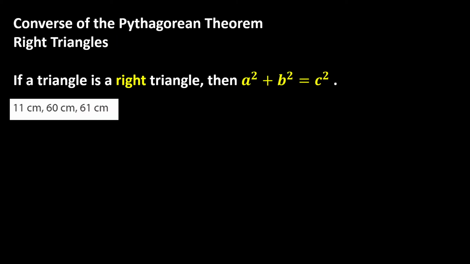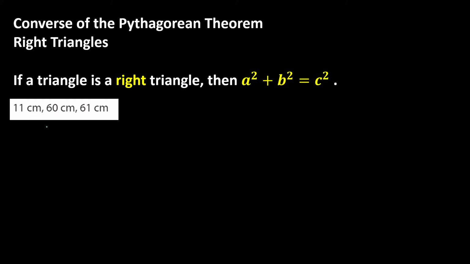So just to review from our last video, we are going to make sure we understand when a triangle is a right triangle. If it's a right triangle, then a squared plus b squared will always equal c squared. And again, c is that longest side.